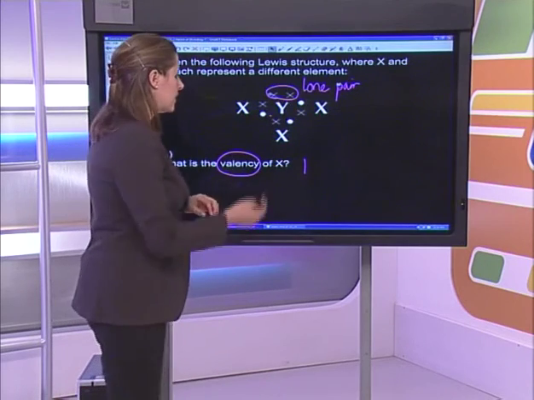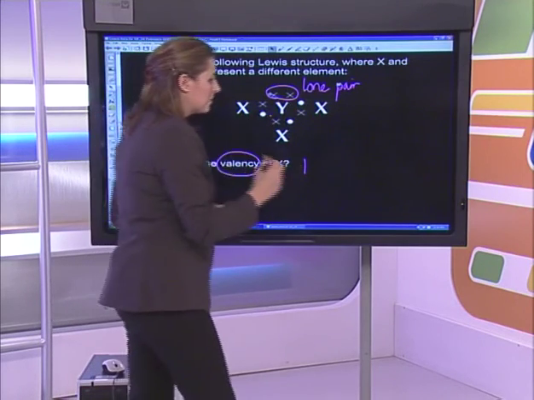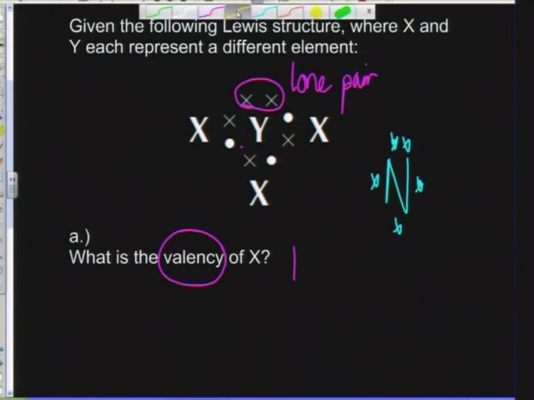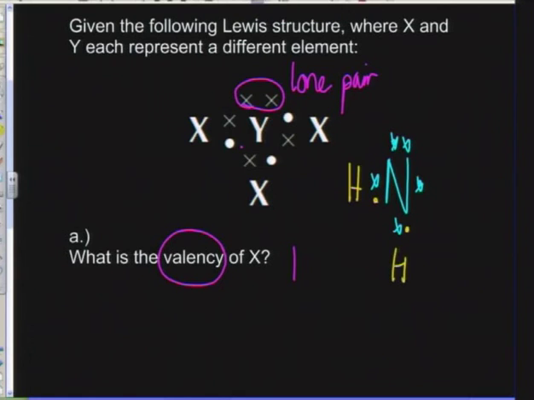Okay? So Y is probably going to be nitrogen, which has got 1, 2, let's draw them as little crosses, 3, 4, 5, with hydrogen, which can make 1, 2, 3. And this thing, NH3, is called ammonia.